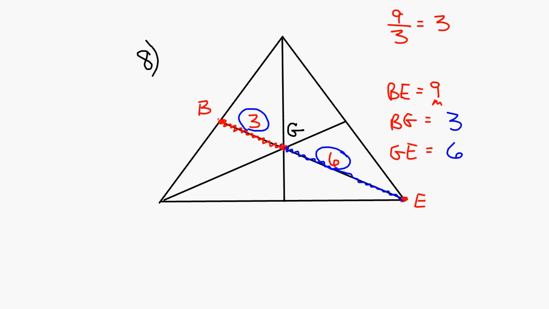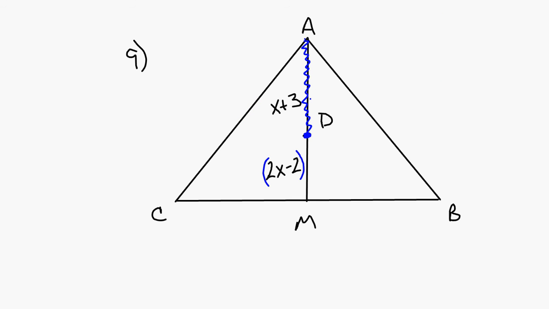So 2 times the shorter one equals the longer one. So if you apply that here, 2 times the shorter one, which is 2x minus 2, equals the longer one. So that's distributive property. So 4x minus 4 equals x plus 3.